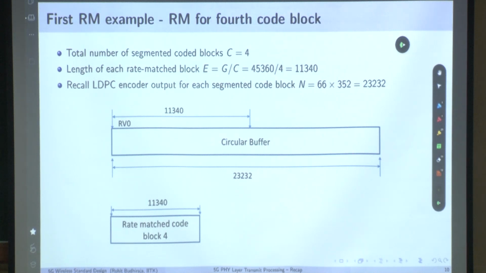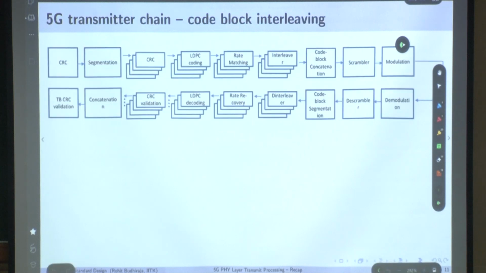So what will happen if you begin from this location? You'll wrap around and go back to the beginning and read those old bits. So even though you are dropping bits, the circular buffer property will kick in when you start transmitting different redundancy versions. Typically for RV3 you'll have to wrap around.